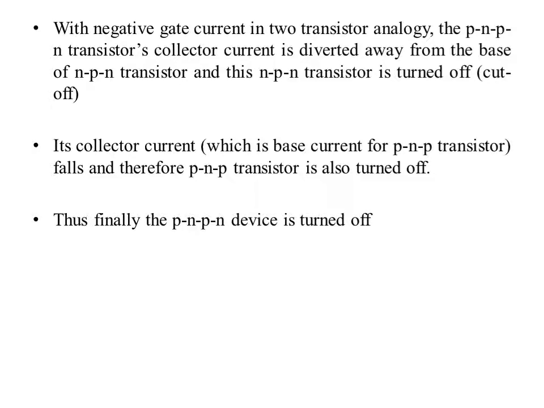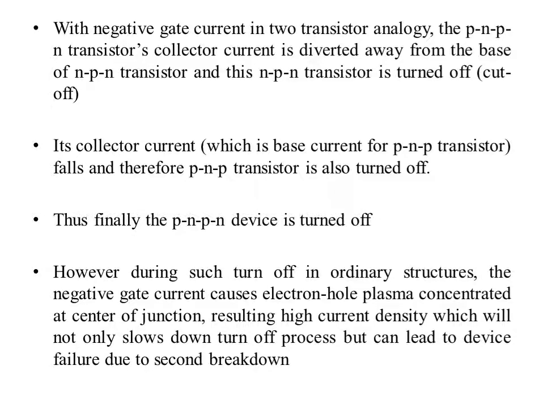Finally, the entire device, that is the PNPN layer, is turned off. But during such turn off in ordinary structures, the negative gate current causes electron hole plasma concentrated at the junction that results in high current density, which will not only slow down the turn off process but can lead to device failure due to second breakdown.